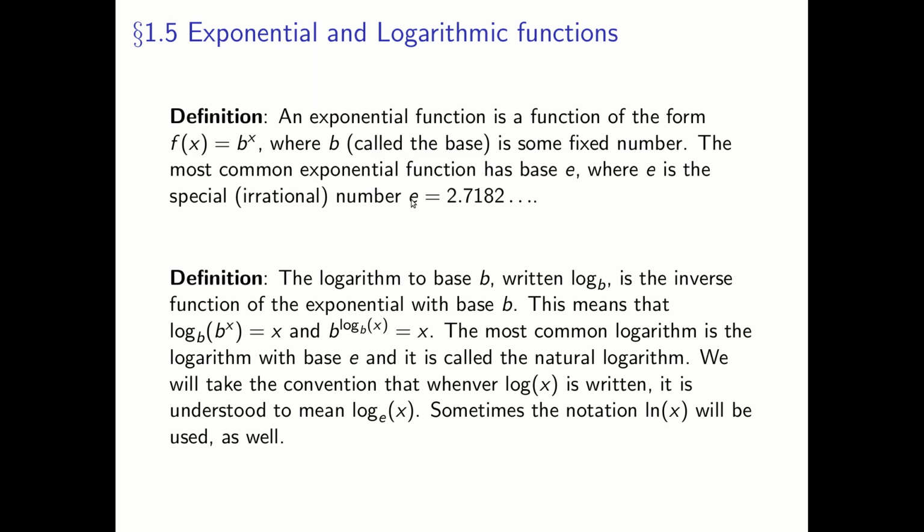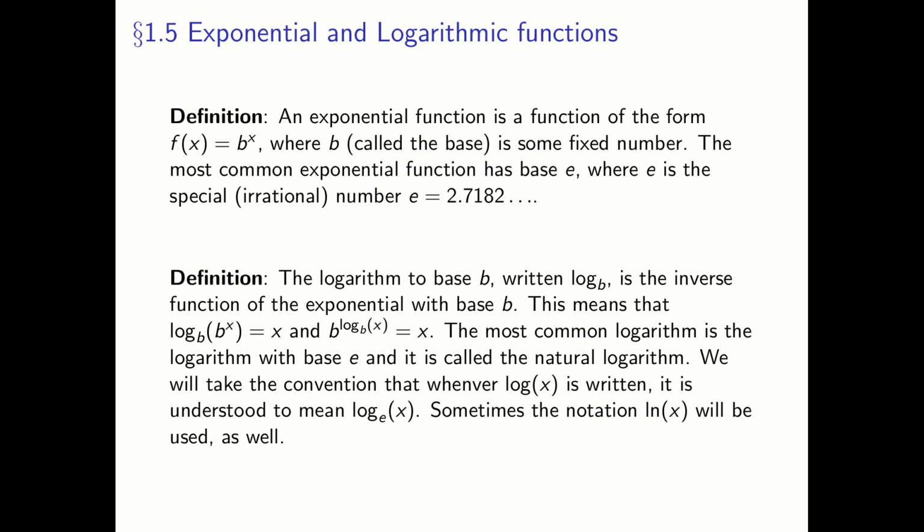Okay? Now, that means that e to the x is going to be the exponential that we use most often. You can have other numbers as a base, like 2 to the x or 3 to the x, but for reasons we'll see soon, there's a very special property that e to the x has that no other exponential does, and this is why it's such an important function.